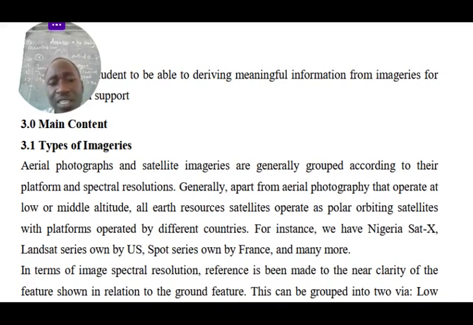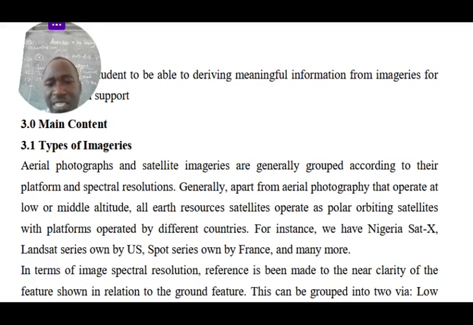Apart from the aerial photographs that operate at low or middle altitude, all the Earth's resources satellites operate what we call the polar orbiting, with a platform operated by different countries.